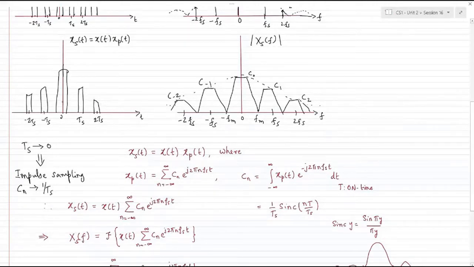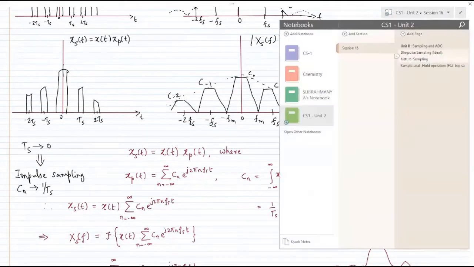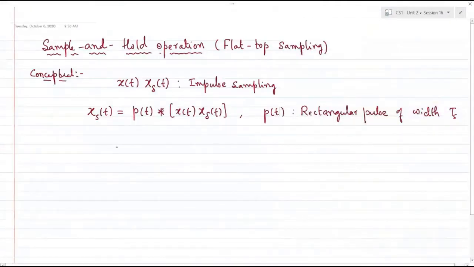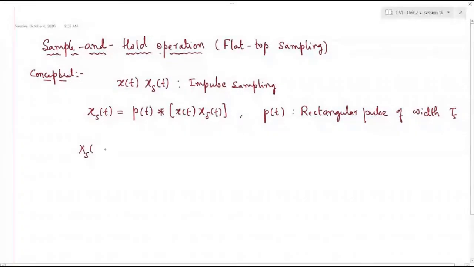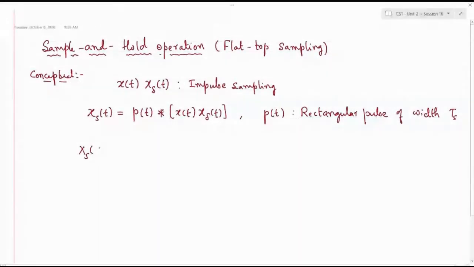But it is not possible to replicate the original signal for a long duration of time, hence we flatten the amplitudes of these rectangular pulses, and that is the case with the sample and hold operation. You will see in the diagrammatic representation why this is called flat top sampling. We'll cover the conceptual treatment by taking the Fourier transform of both sides.